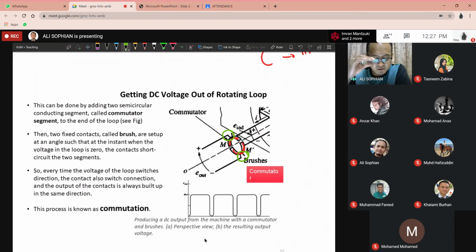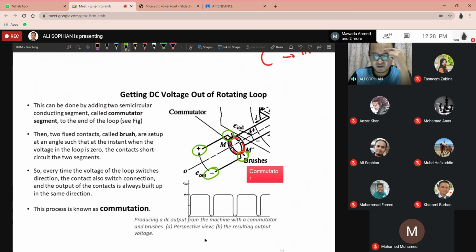And by having these two, we will have the output having a single polarity rather than two. This is the output of the machine.